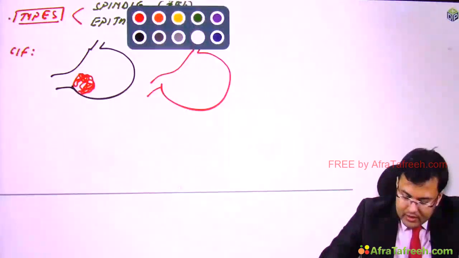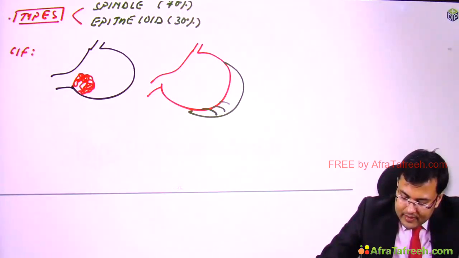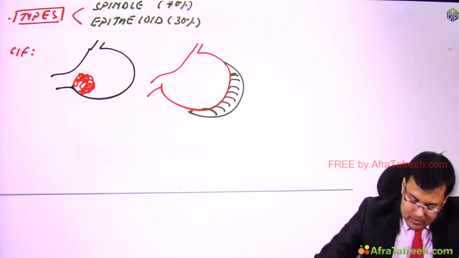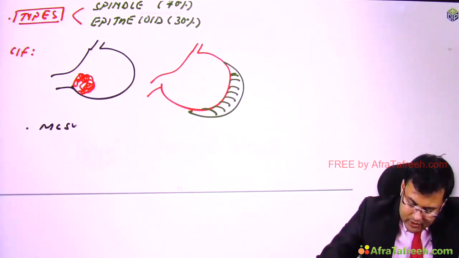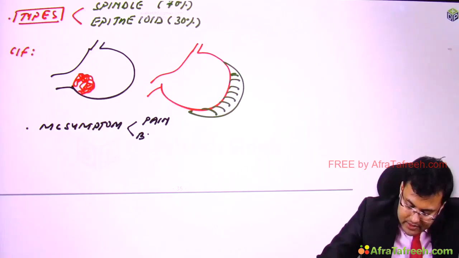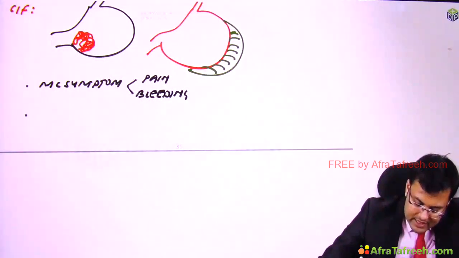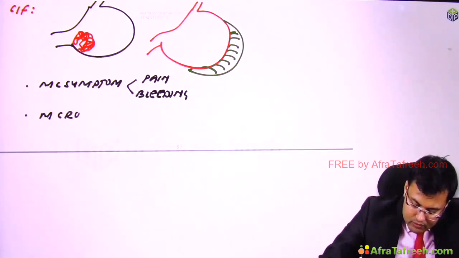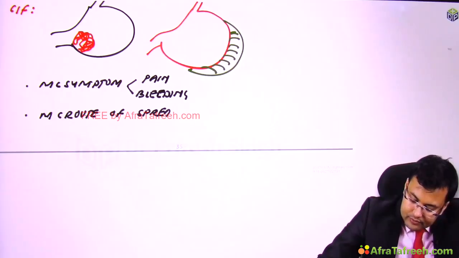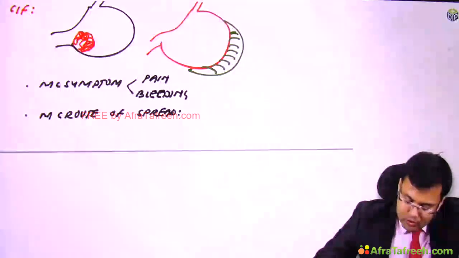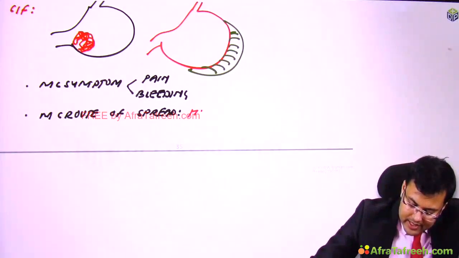So question, what's the most common symptom? In this case, the most common symptom is abdominal pain and bleeding. Since it behaves like sarcoma, what's the most common route of spread? The most common route of spread is hematogenous.